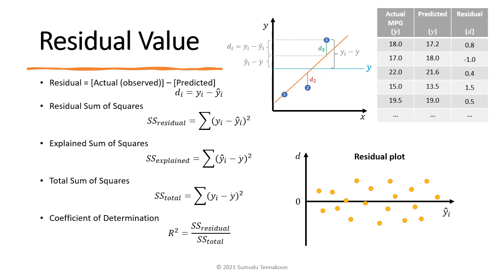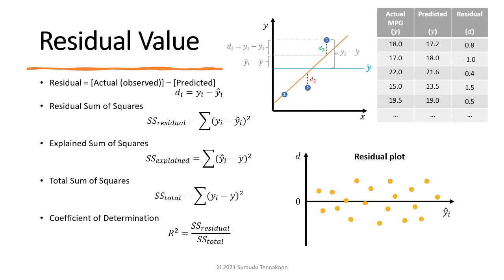The third term you can generate is the total sum of squares, which is your actual value minus your mean value, so how your actual value deviates from the mean value. You see the blue line on the top plot of the slide. That tells you the mean value and how each value deviates from it.